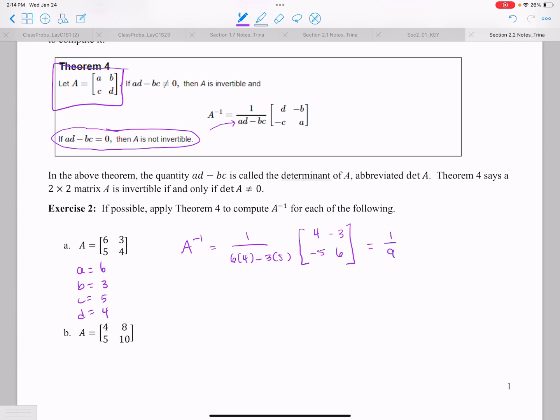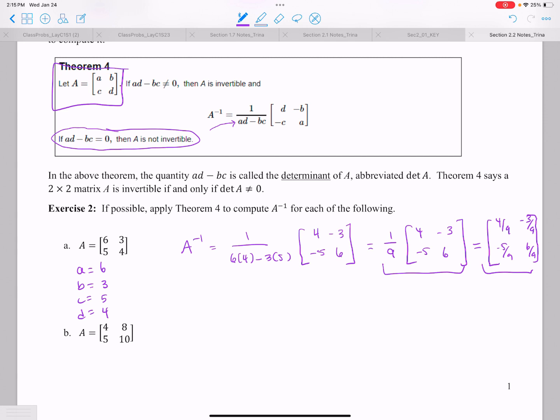We get 1 over 9 times 4, -3, -5, 6. We can bring the scalar inside, so we could also write this as 4/9, -3/9, -5/9, and 6/9. You can also simplify those fractions that can be reduced, but either of those is fine for the inverse.